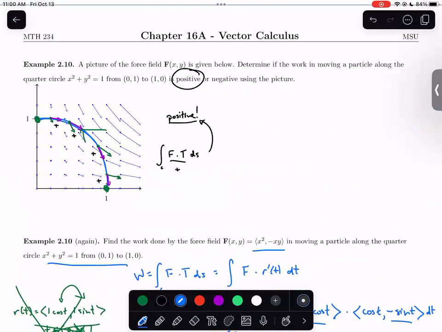But because, right, so this vector field is, quite literally this is example 210 and example 210 again, right? So this is the same, this is a picture of my vector field x squared comma negative xy. So yes, because we thought from the first iteration that it ought to be positive, I was looking for a positive answer when we did this actually out with the calculation.